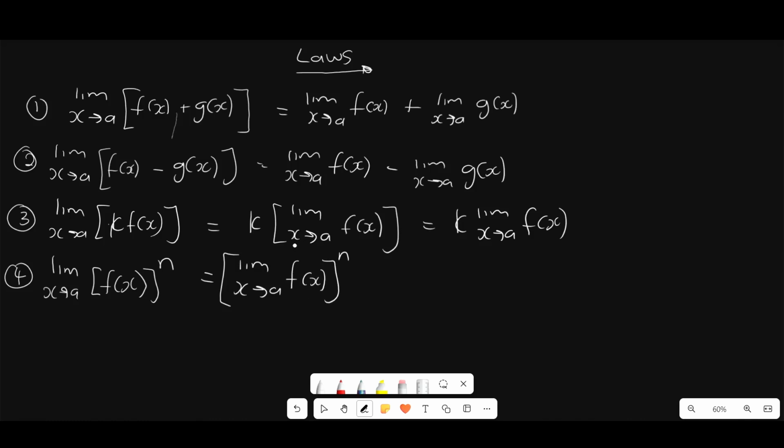And 5 is the same when you have the limit as x approaches a of the nth root of f(x). You can put everything in one root.